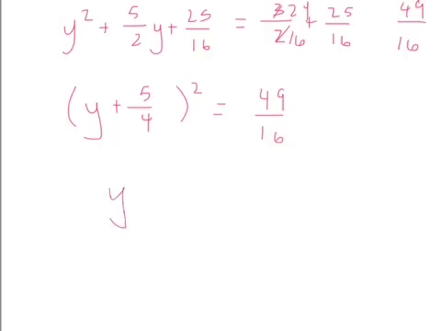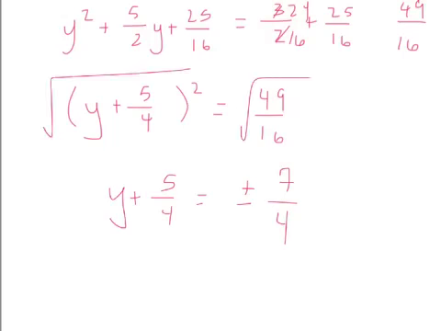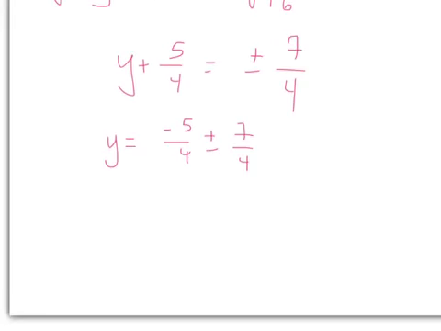And then finally take the square root of both sides, remembering that it's plus or minus the square root of 49/16. So the square root of 49 is 7, square root of 16 is 4, so it's really plus or minus 7/4. Now I need to subtract 5/4, so y equals negative 5/4 plus or minus 7/4, which we can then split into our two different answers.